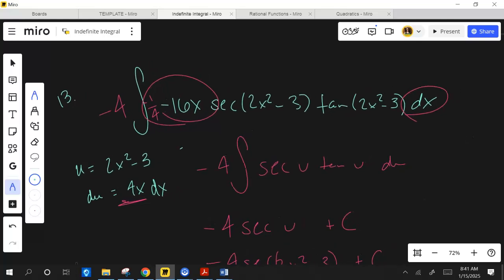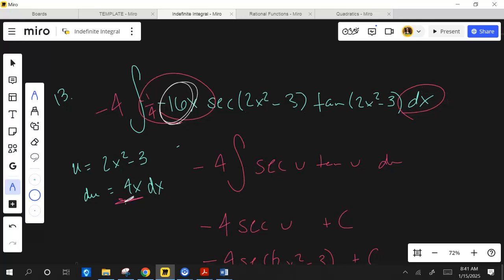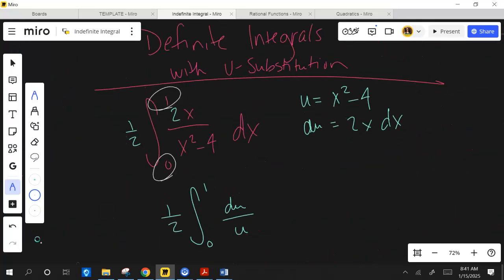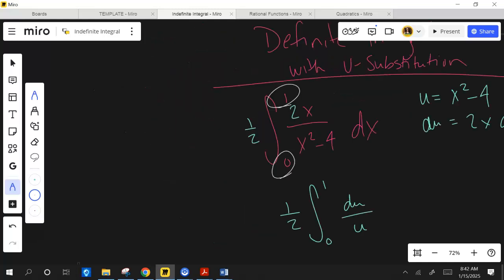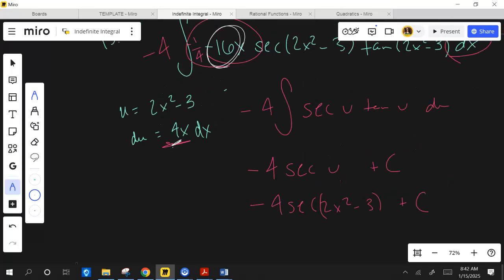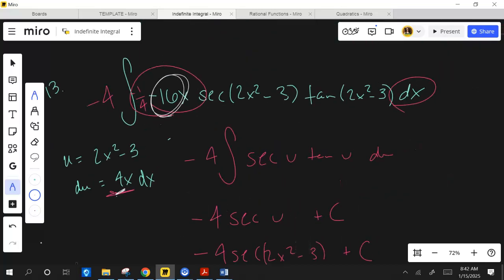Oh, because it was 16, I had to make it be 4. To make it be 4, I had to divide by 4. Here, there's not a number there, so to make it be 2, I had to multiply by 2. And then I always do the opposite on the outside. So over here, it was 16, but I needed it to be 4.